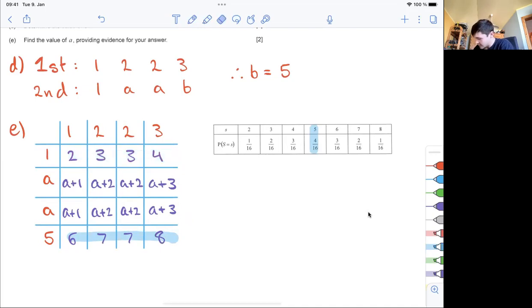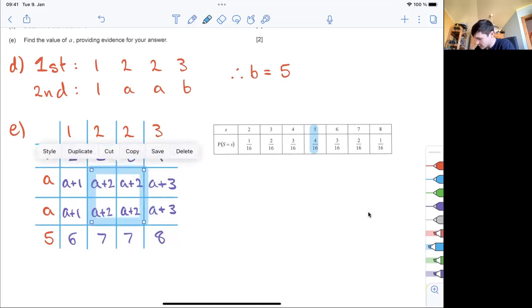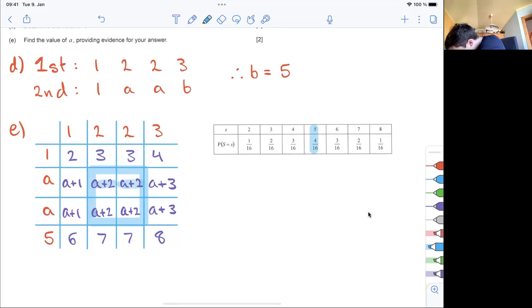So if we get rid of these highlights here and we see which occurrence with A in it has 4 possibilities, well, that's going to be these middle 4 possibilities, okay? So these guys are going to be our 4 possibilities that add up to 5, all right? So let's actually highlight all the individual terms as well.